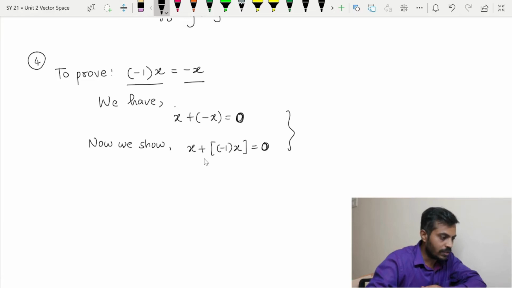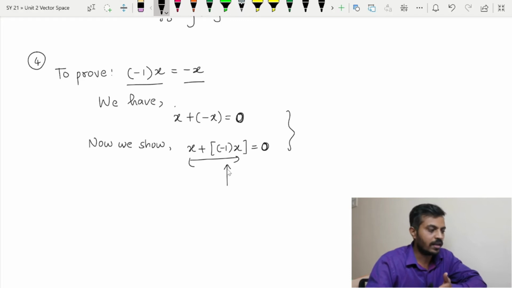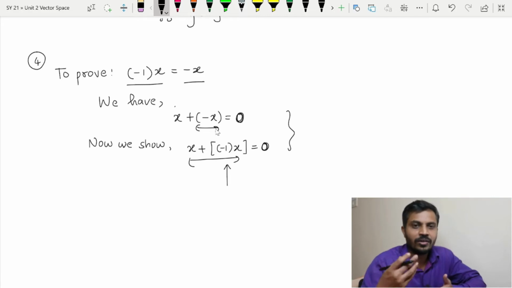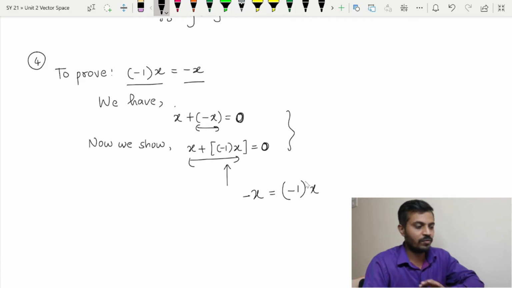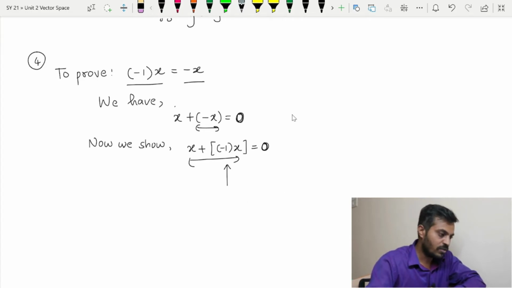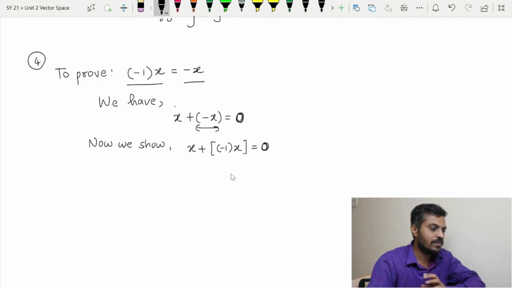So proving this will imply that this minus 1 multiplied by x is the additive inverse of x, but we already know that this minus x is the additive inverse of x, and there can be only one inverse, we cannot have two inverses. So this is possible only if minus x is equal to minus 1 multiplied by x. So this is how we are going to proceed. Our job is only to prove x plus minus 1 multiplied by x is equal to a 0 vector. This can be easily proved.